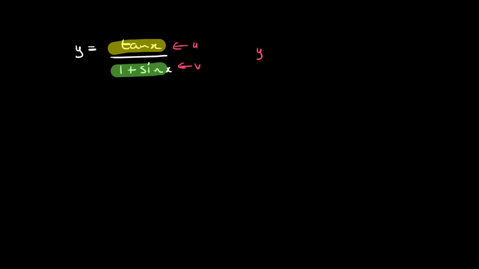And remember that the quotient rule is v du dx minus u dv dx all over v squared. So we're going to have to differentiate both the u and the v. So we've got tan x here, and we have 1 plus sine x.